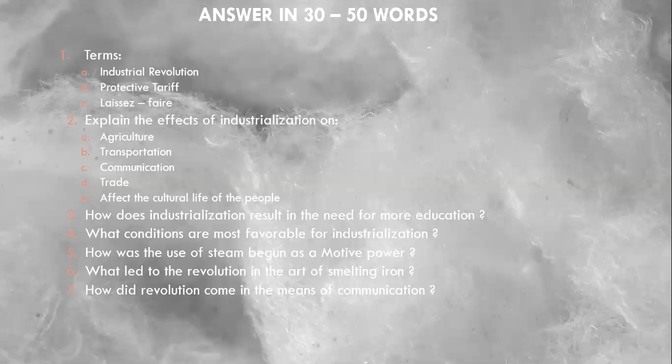Some of them are sufficient capital, natural resources like coal and iron ore, plenty of raw material, markets where the finished goods could be sold, developed shipping industry, cheap labor, energetic and enterprising people, favorable government policy, political stability and peace, sources of energy like oil, coal, electricity, suitable climate.